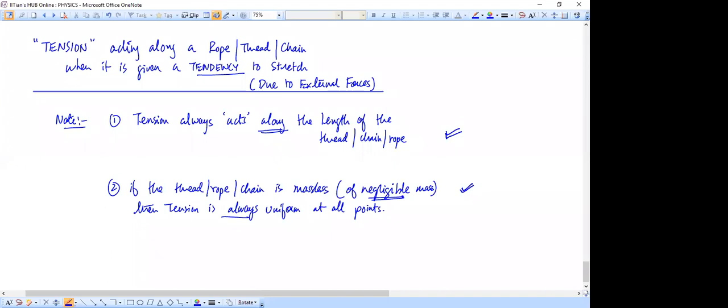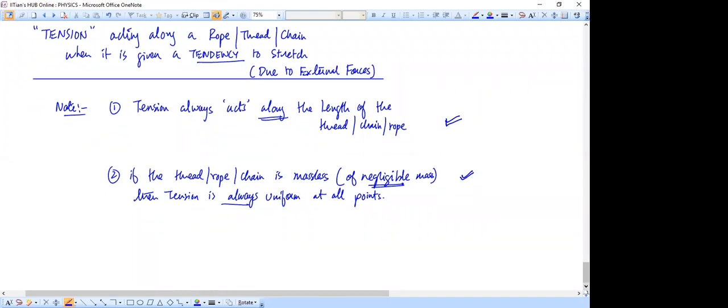Okay, so as I said, we'll understand these 2 points better as we look at actual physical examples. So the simplest way of understanding tension, let's start with that. Suppose we have this situation.